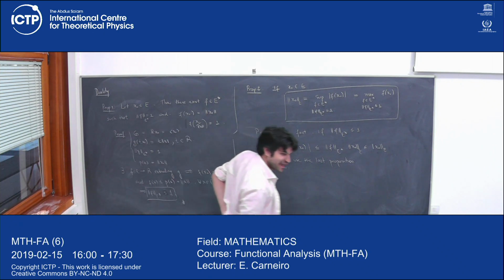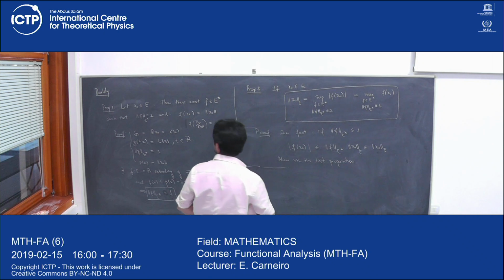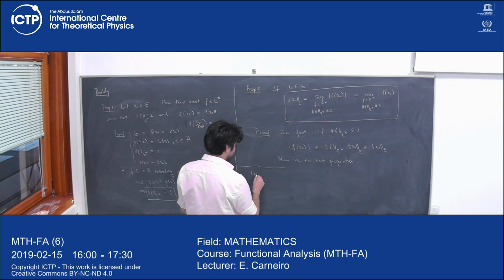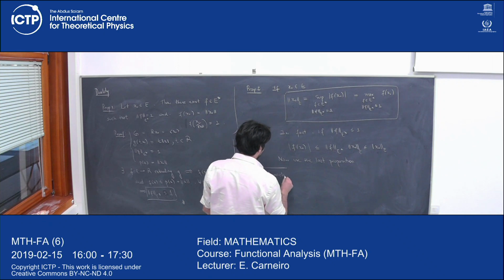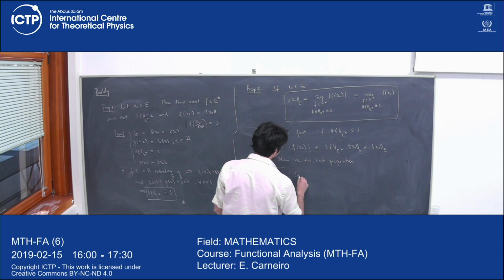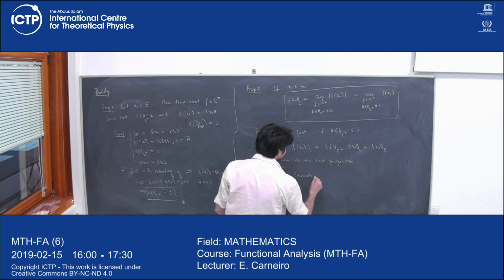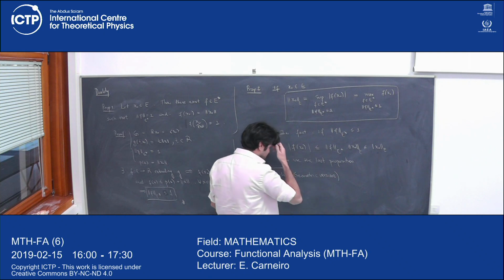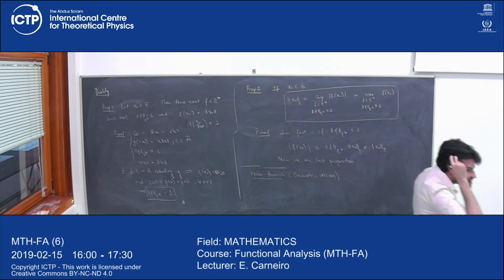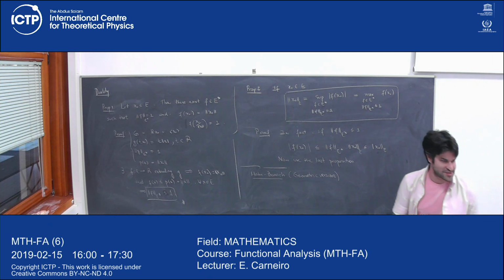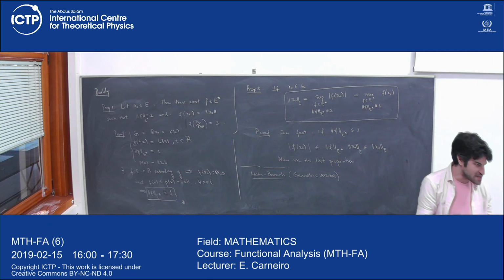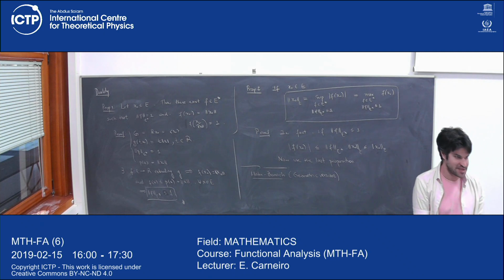Good. So now we're ready to talk about the Hahn-Banach theorem and its geometric versions. The Hahn-Banach theorem in its geometric version is essentially a statement that if you are in a space, you can separate two convex sets by a plane.